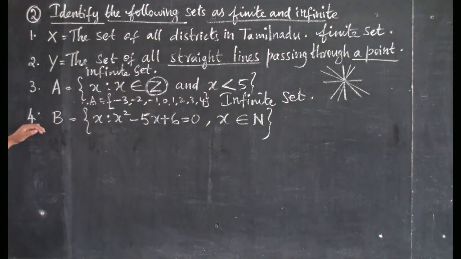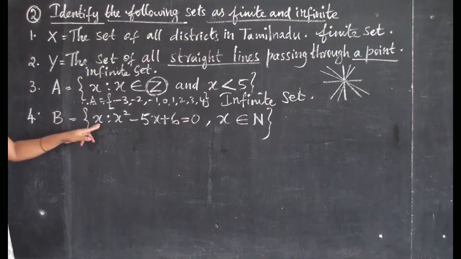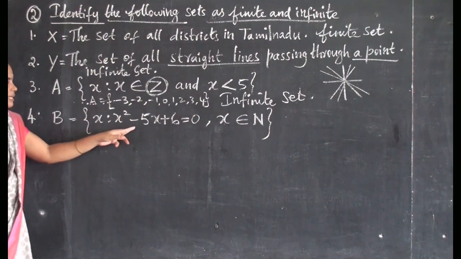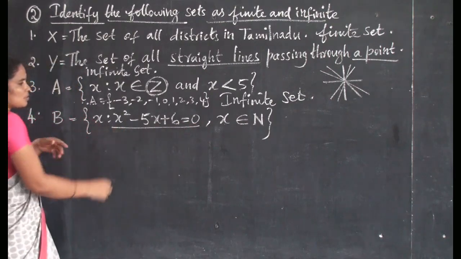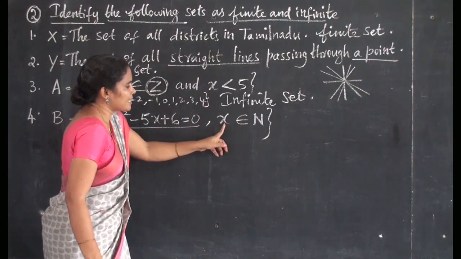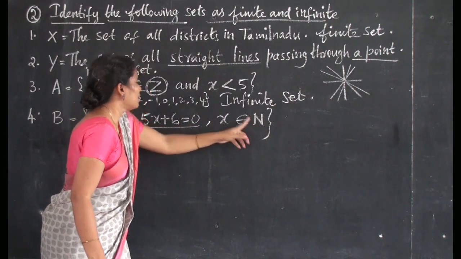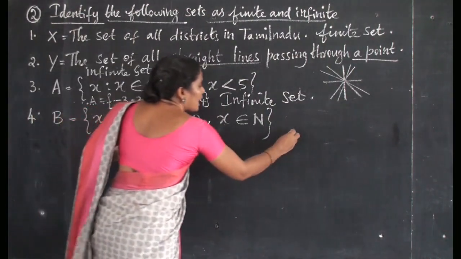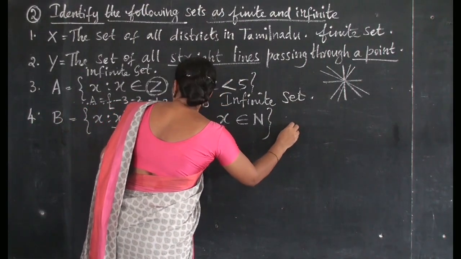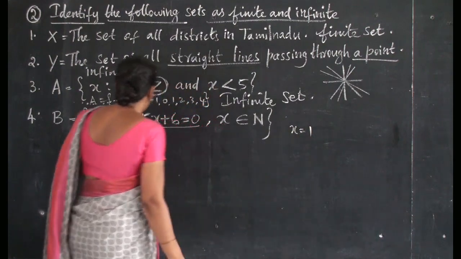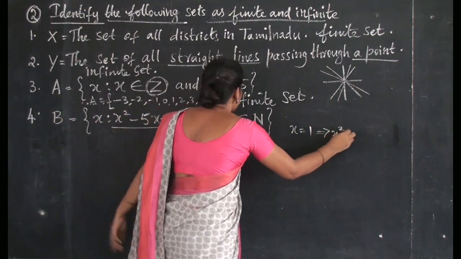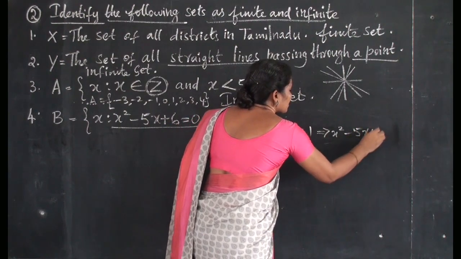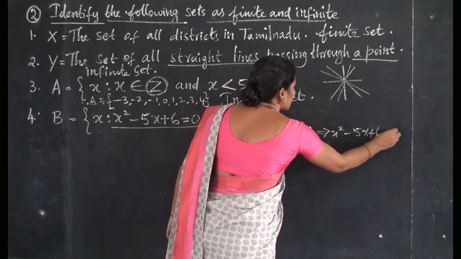Okay. In question number 4, B is equal to {x such that x² - 5x + 6 = 0}. Here the condition is x belongs to natural numbers. If we take x equal to 1, we can apply it to this equation x² - 5x + 6 = 0.